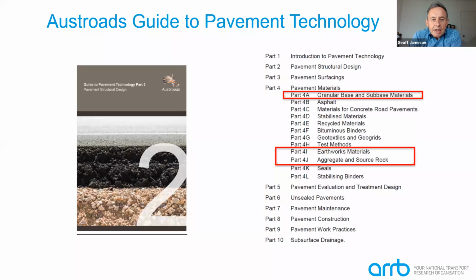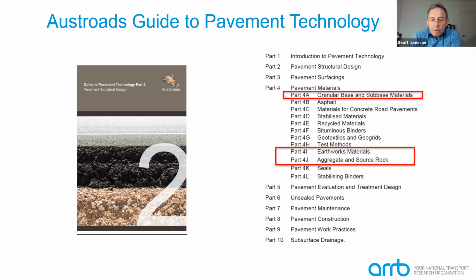As we discussed last week, this whole presentation series is largely based around Part 2 of the Austroads Guide to Pavement Technology, which is the pavement structural design method. In relation to today's talk, there are other relevant parts worth having a look at.